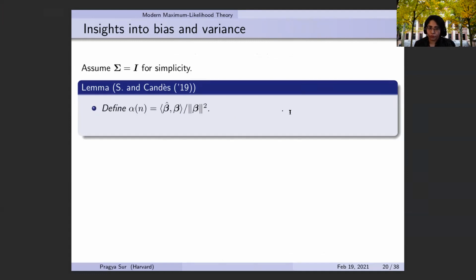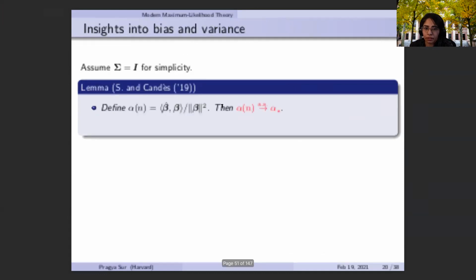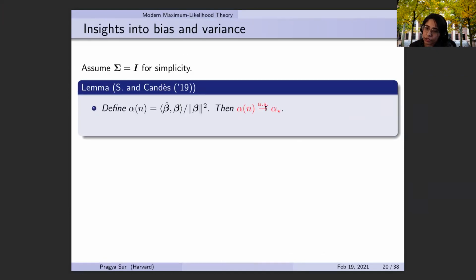What we were able to show is that if you take the MLE beta hat and project it in the direction of the true signal, then the coefficient converges to alpha star. So what alpha star essentially means is that if you project the MLE in the direction of the true signal, the projection coefficient magnitude is not equal to 1 anymore, it's bigger than 1, and that's what alpha star captures.